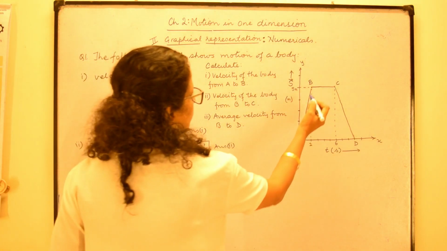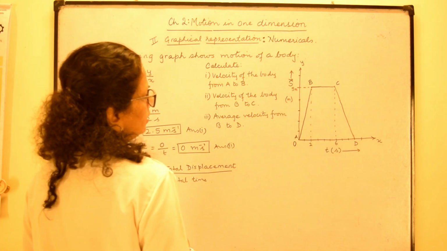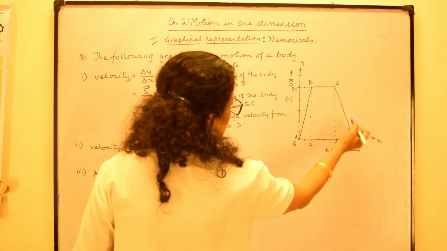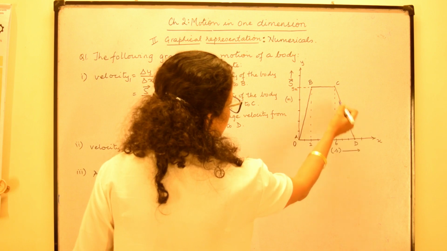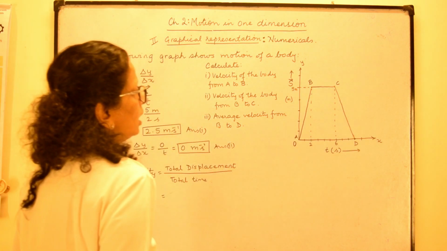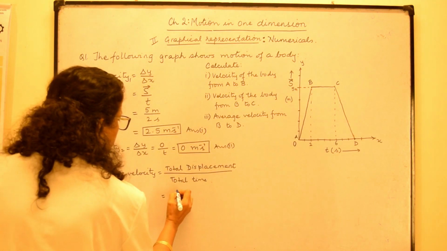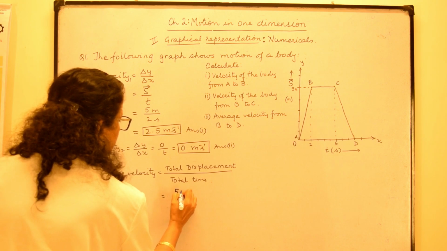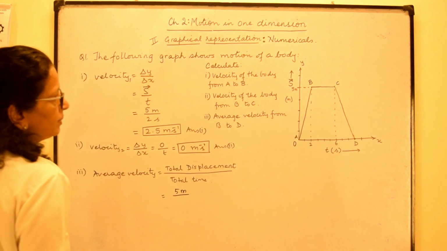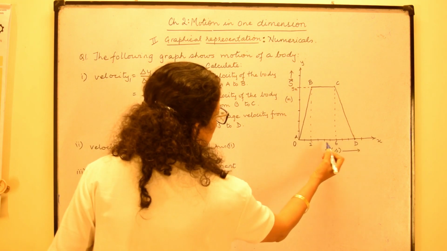So let us look at how much our displacement is. At B the displacement was 5 meter, and at D it has come back over here. You will see from 5 meter it has come back to displacement 0, so the average velocity is going to be displacement, that is 5 meter, upon the total time taken, which is from 2 up to here.